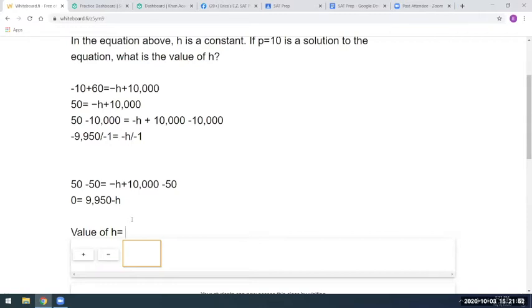It does. Let me know if I don't make sense, because I'll be rambling, so let me know. Don't ever feel like any question, just ask whatever you have a question on. So value of h. What's another way to say the value of h?